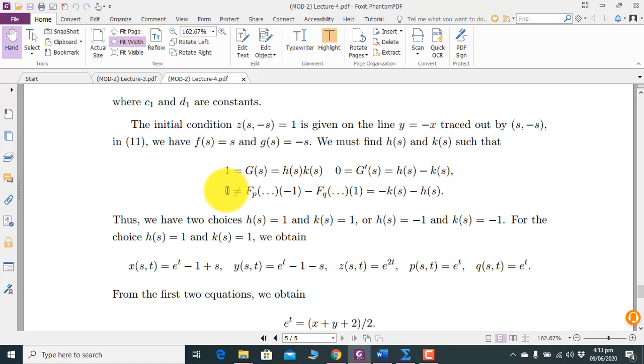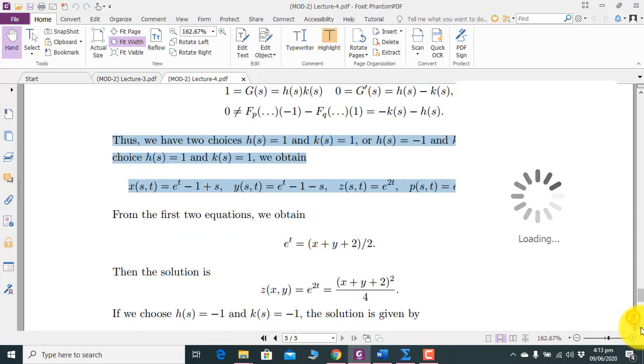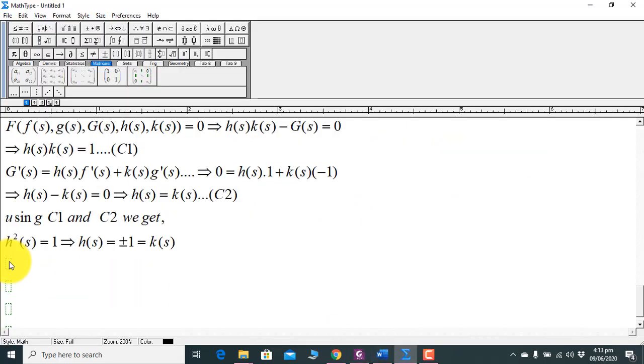In any case, this can never be 0. So you have two solutions and two choices. If you take h1 k1, this is the solution, and this is your exercise that you should calculate. We have two choices.